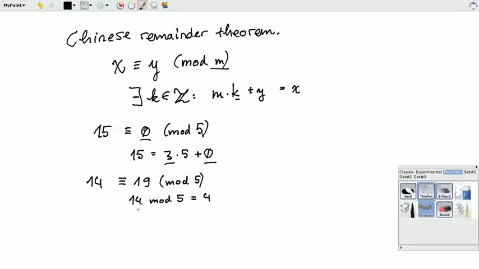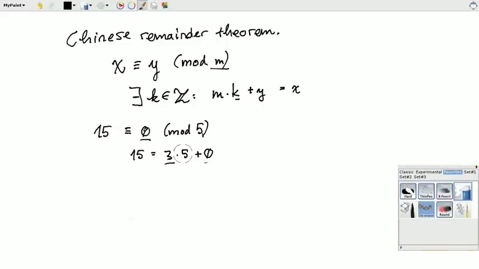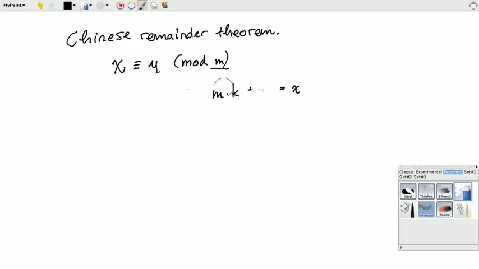The operator of modulo denotes the remainder after whole division, and also 19 modulo 5 is equal to 4. When those two equations are true, then you can write it as 14 is congruent with 19 modulo 5. Okay, so that should be enough for refreshing what congruences are.